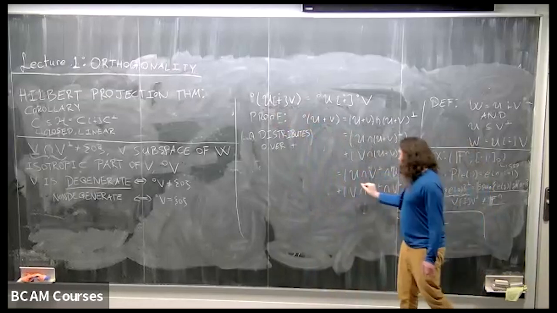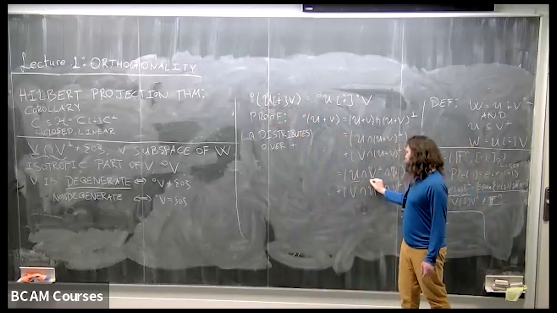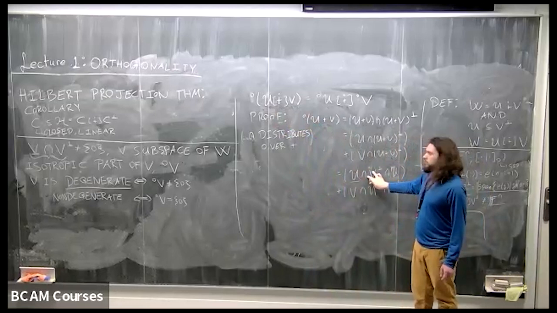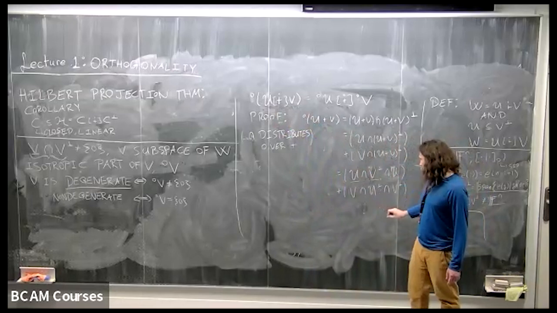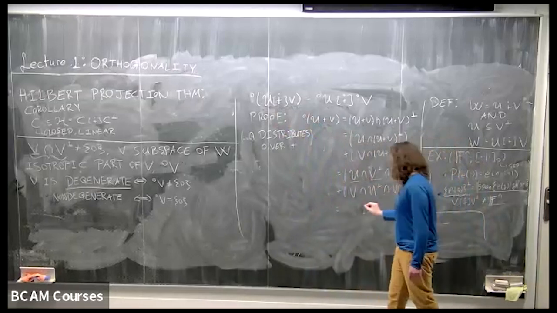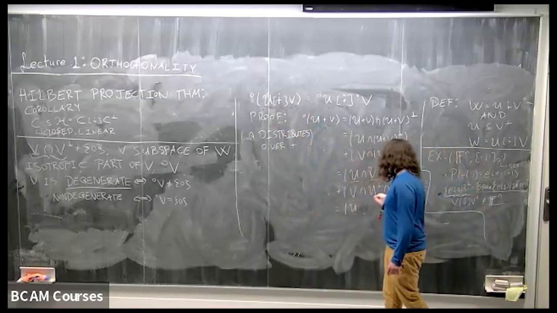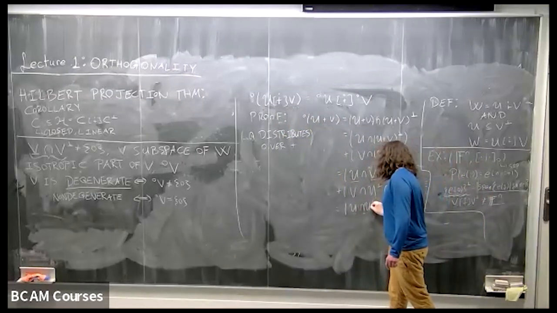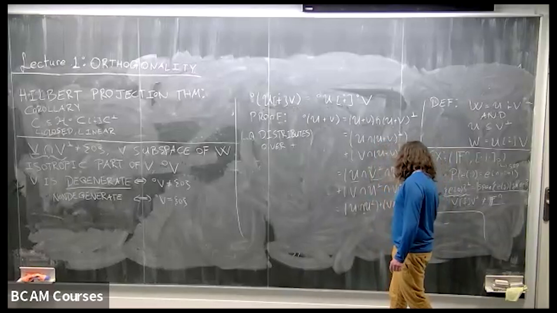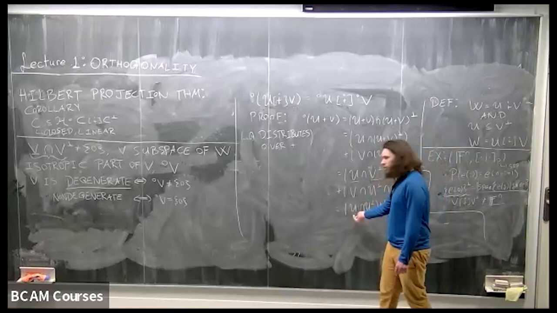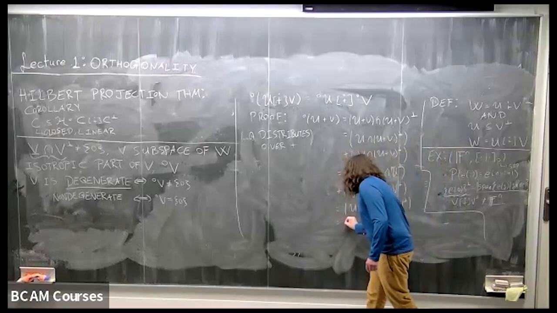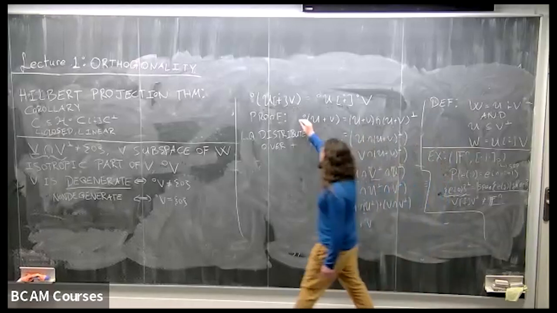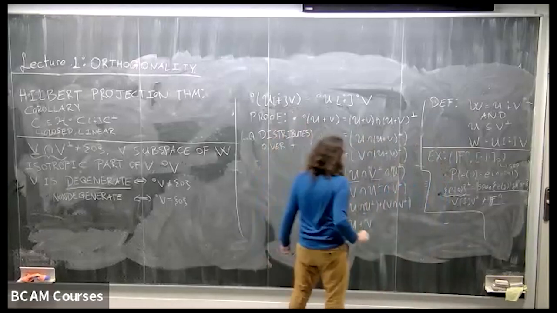So because I know that this is orthogonal to this, I know that U is a subset of the orthogonal complement of V. And that lets me simplify this set intersection to U. Somehow I lost an orthogonal complement symbol over here. And then by definition of the isotropic part, this is 0U plus 0V. Okay, so this is the first step to the proof of this.